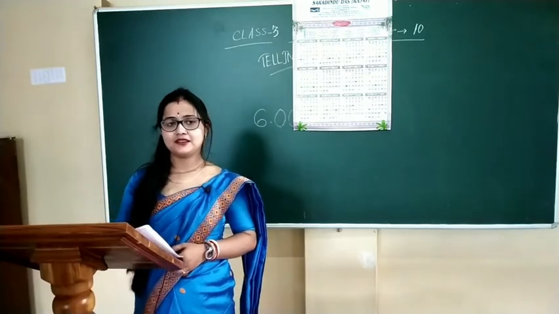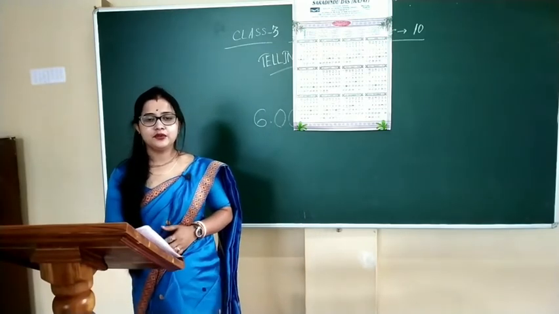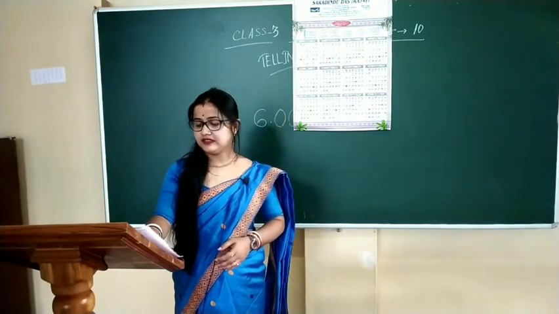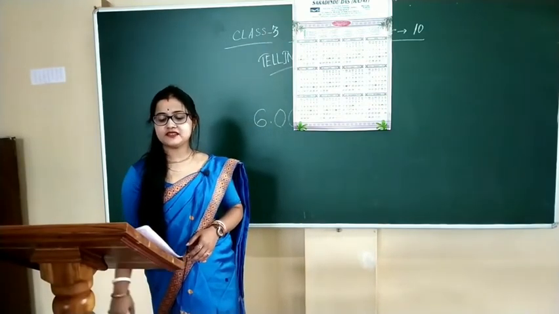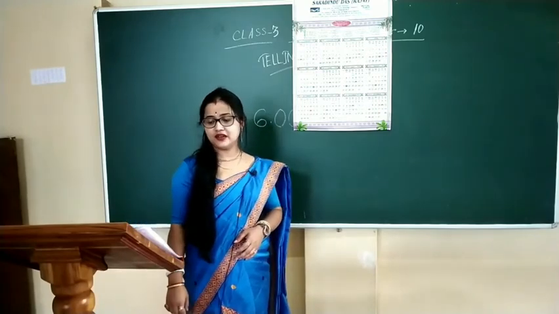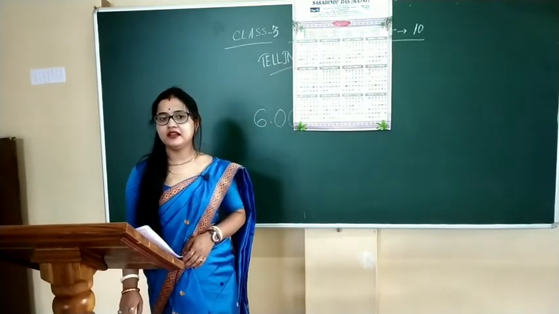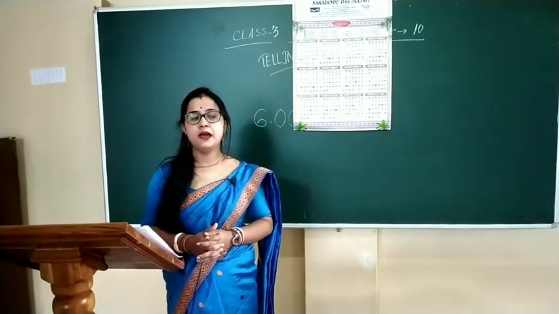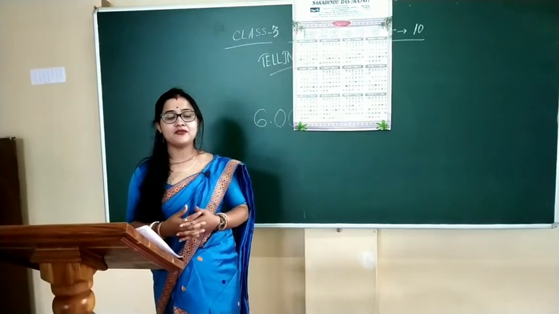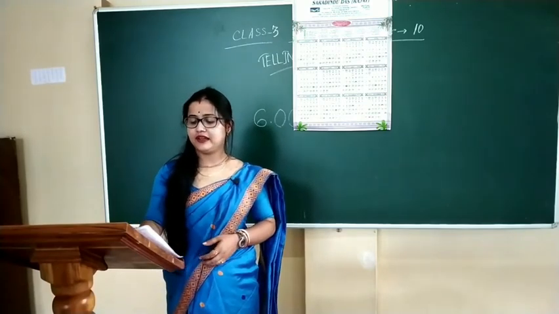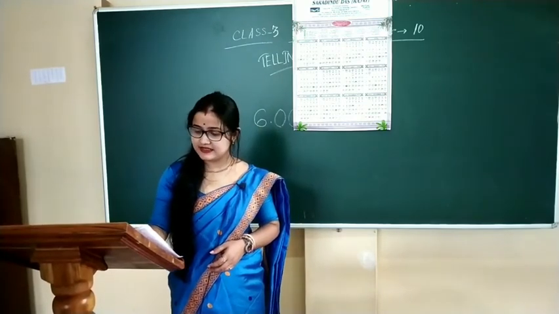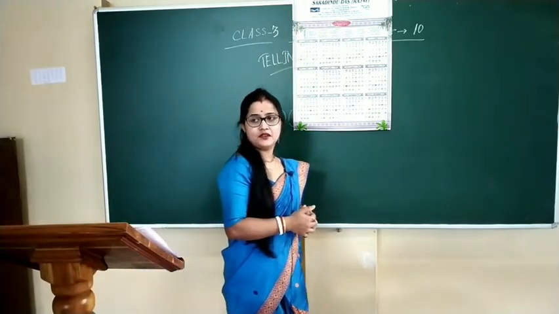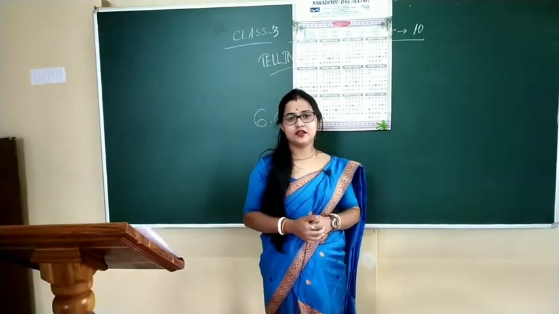And in the month of February, we have 29 days in every 4 years. Thus, every 4th year has one extra day, that is 366 days. Generally, we have 365 days, but in a leap year, every 4 years, we will have 366 days. And the extra day is added in the month of February.